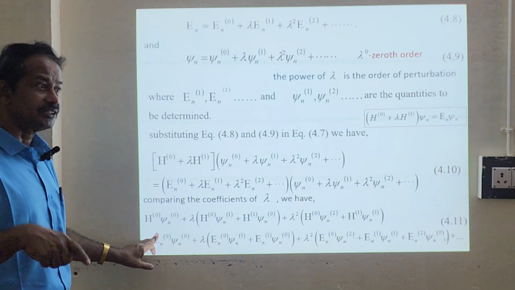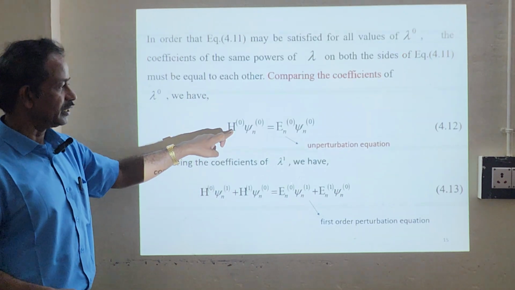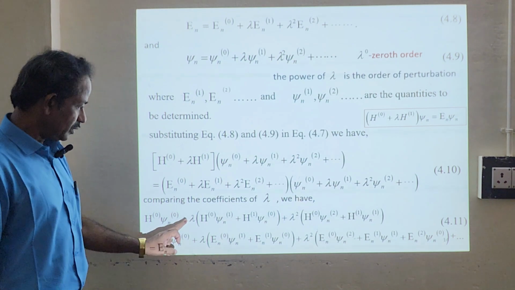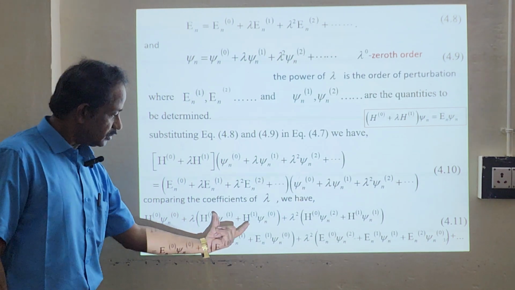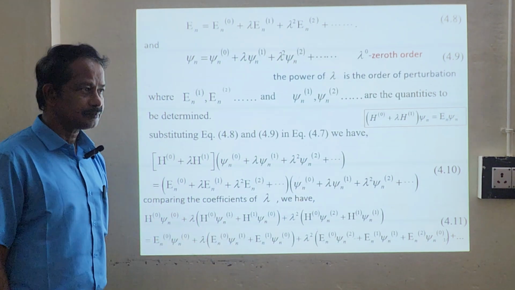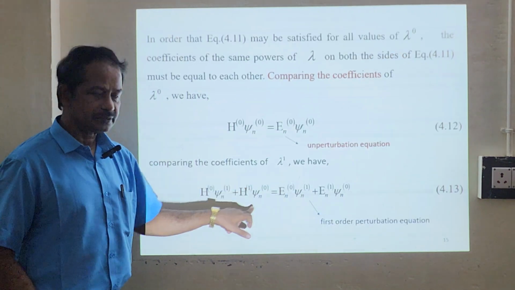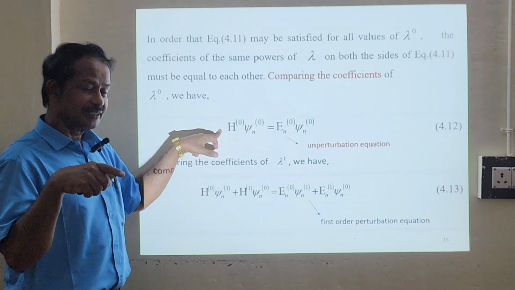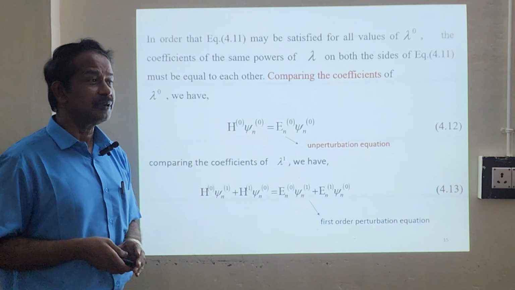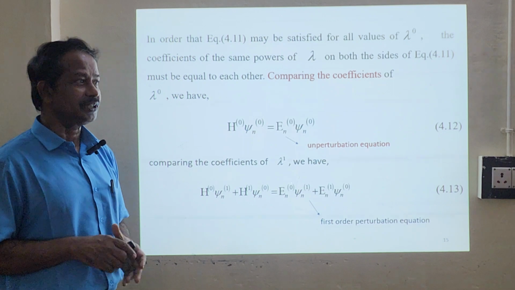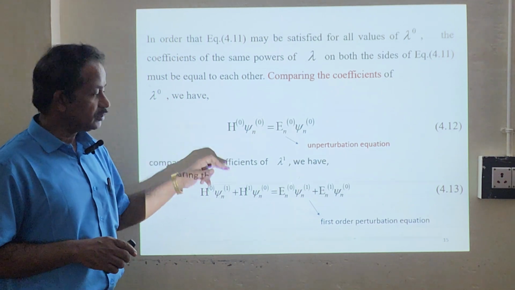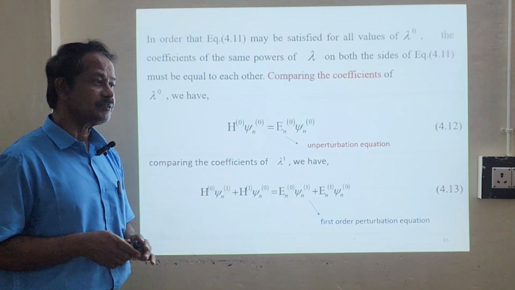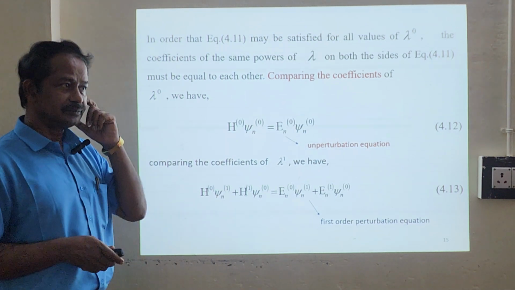This is for lambda to the power 0, the 0th order, which is nothing but the unperturbed equation. Now we go for lambda to the power 1. This is the first-order perturbation equation.